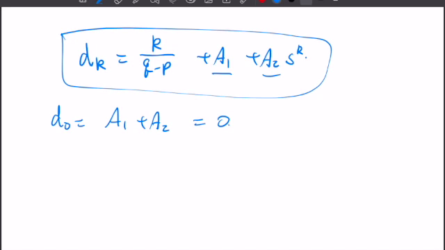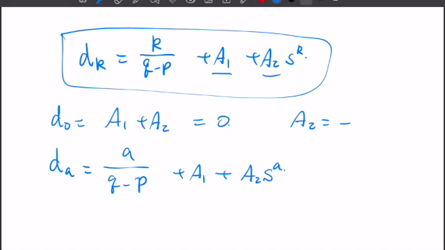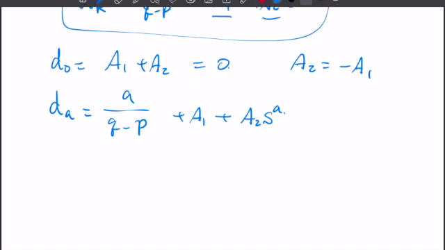That should be 0. And d_a, if we put this, that is a over q minus p plus A1 plus A2 times s to the power of a, and this is equal to 0. So from this we have A2 is minus A1.